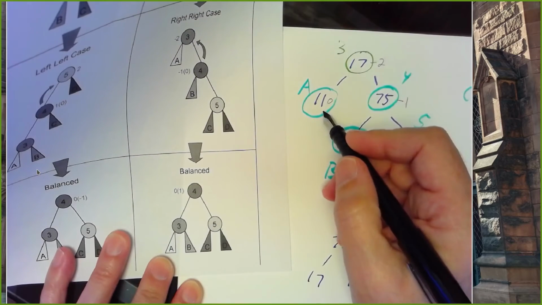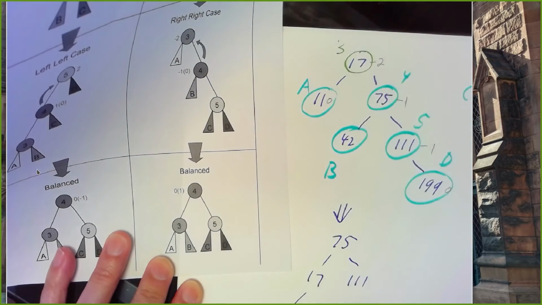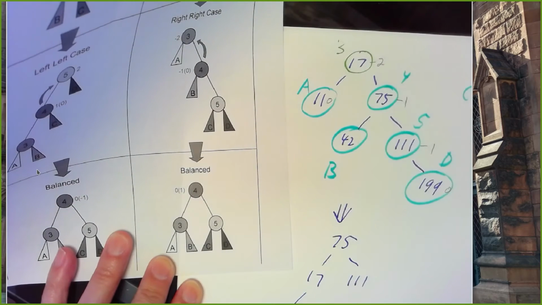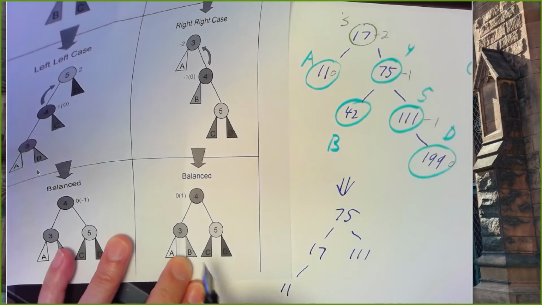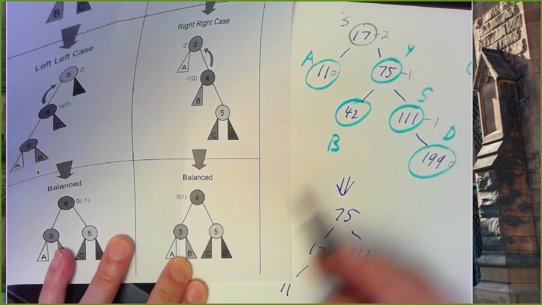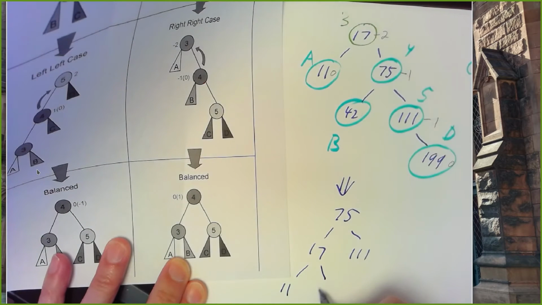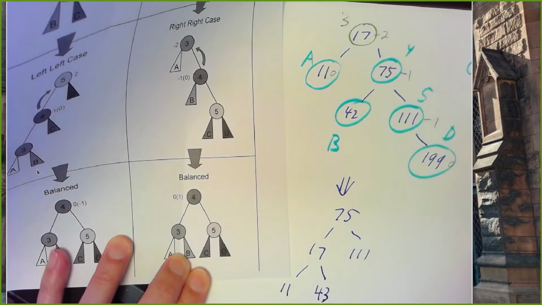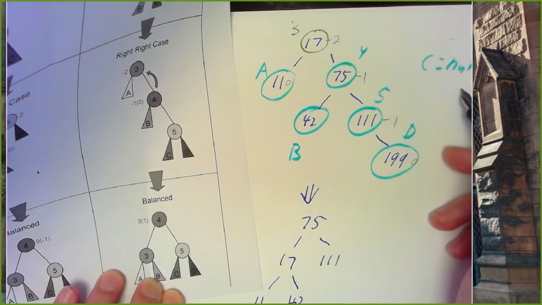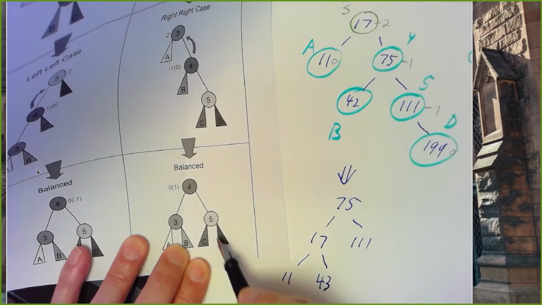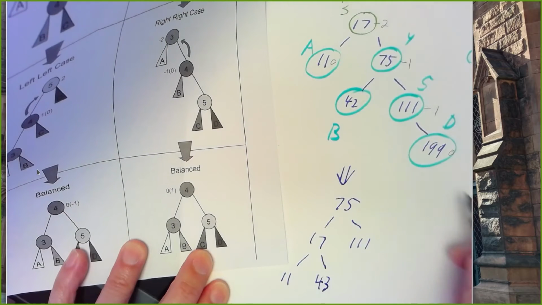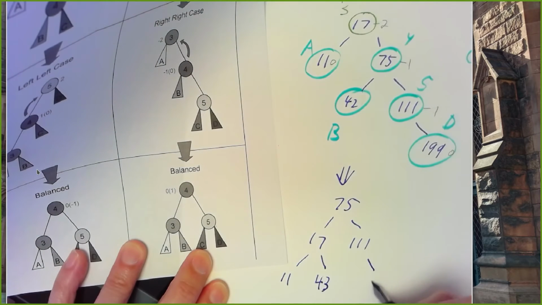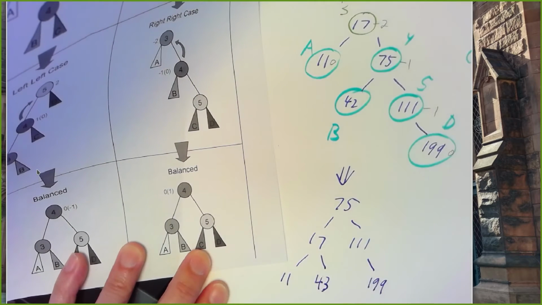Subtree A goes to the left of node 3, so that's our 11 and whatever came underneath that. Subtree B should go to the right of 3, well, that's our 42. So that goes to the right. Subtree C is null, so we don't have to worry about that. And subtree D goes to the right of 5. That doesn't change. That started off on the right of 5 anyway. So the right of 5, that's going to be our 199.